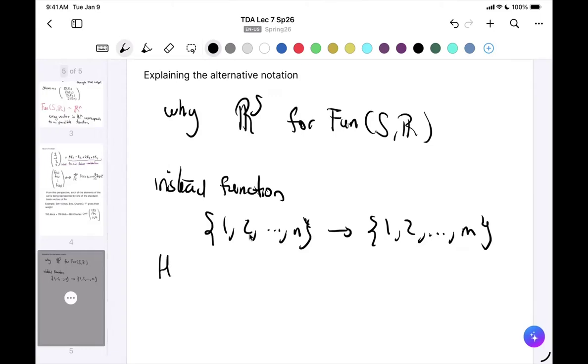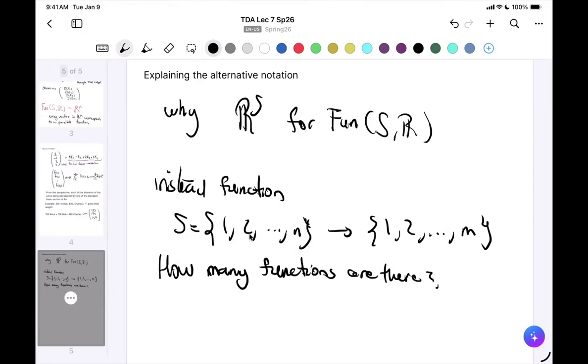Well, the number 1 can be sent to n options, the number 2 can be sent to n options, number 3 can be sent to n options, number n can be sent to n options. So each of them has n options. So n times n times n gives you n to the n, right?